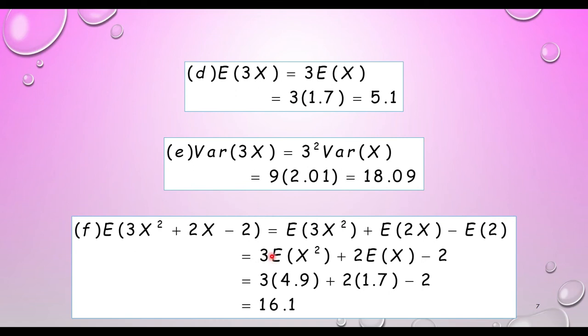Then you bring out 3, multiply with expected value for X squared, and 2 times expected value for X, and expected value for constant 2 here is 2. 3 times expected value for X squared plus 2 times expected value for X minus 2. So simplify and you will get 16.1.